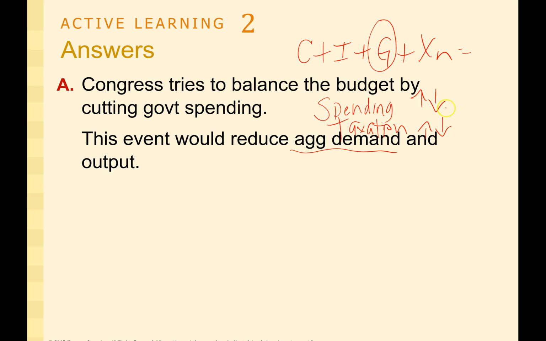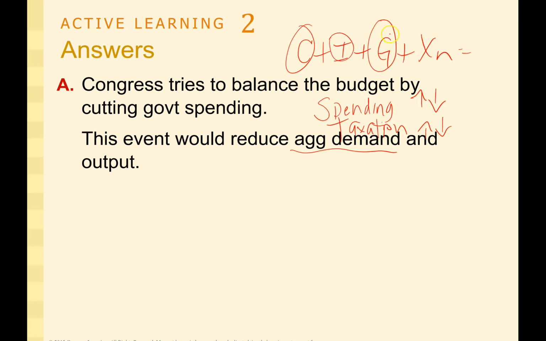Taxation works a little differently because that affects different parts of this. An increase in taxation takes money out of the hands of consumers and investors, and so an increase in taxation will decrease aggregate demand. A decrease in taxation will put more money into the hands of others, and that will be an increase in aggregate demand.